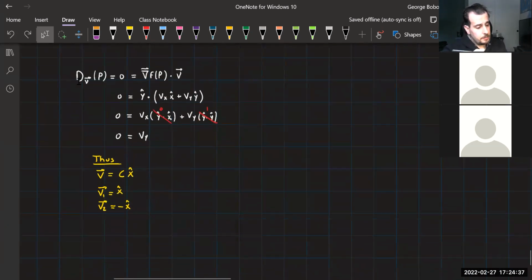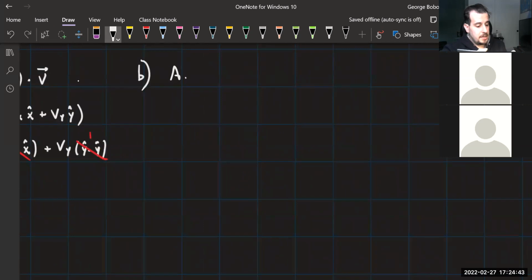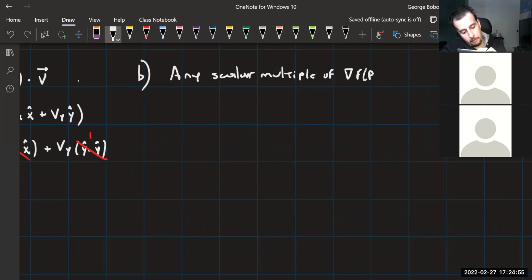So for part A, you do this, and for part B, you want any scalar multiple of the gradient. Any. Maybe the gradient itself. Any scalar multiple of the gradient at P is what's going to get you the maximum value. So the vector that will do this is a constant times this.